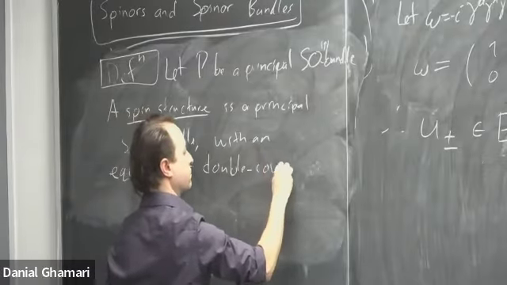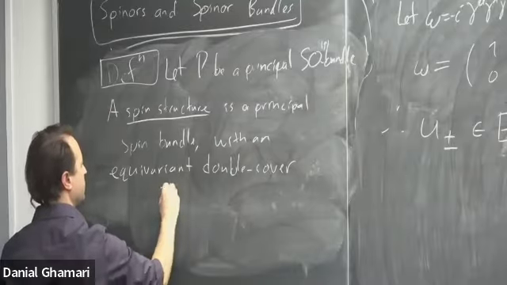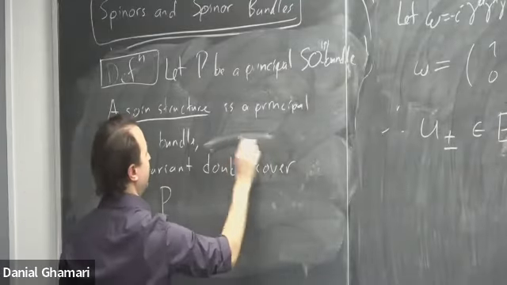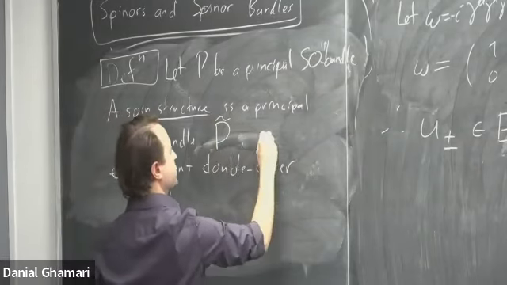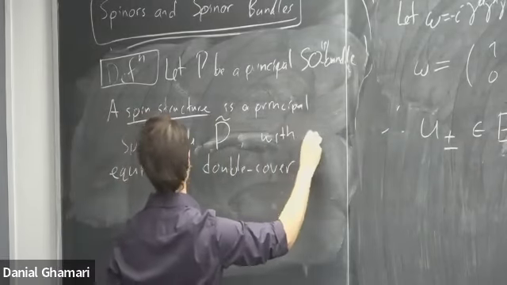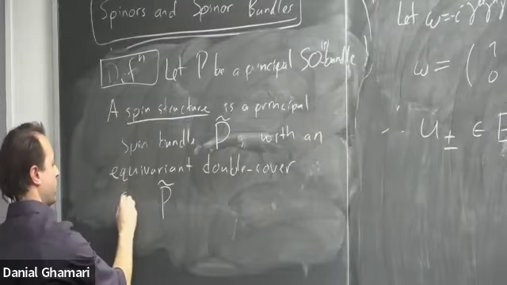What do I mean? You have your principal SO bundle P. Let's call this, forgot I had to call it something, P tilde. So let's take our principal spin bundle P tilde.